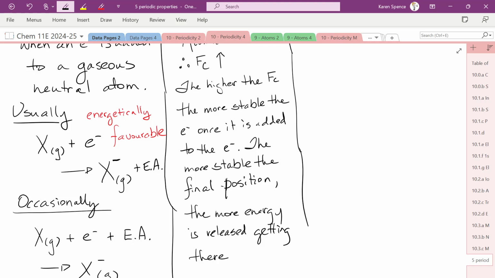You can kind of think about this like a pen falling, okay? It releases a certain amount of energy. Is that releasing more or less energy? More, right? Same thing, if it can fall closer to the nucleus, it's going to release more energy. Now, I can't demonstrate this for you, but let's say that we were on Jupiter.